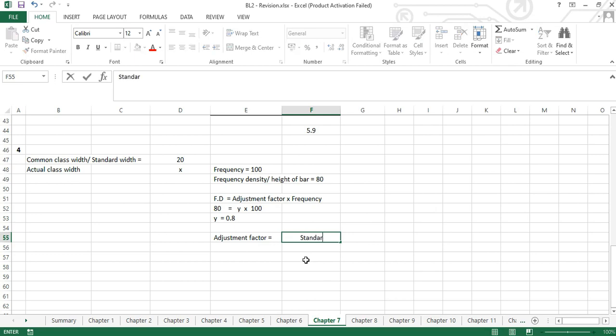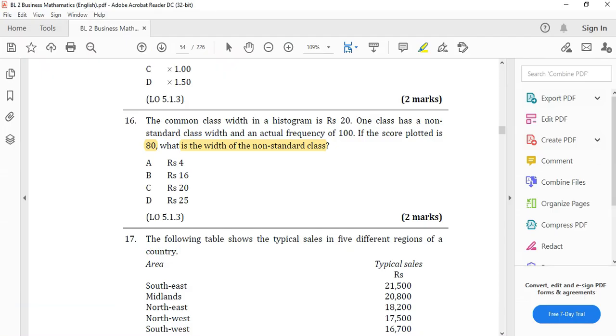It is standard class width divided by the current class width. The standard class is 20. The current class we don't know, but the division is equal to 0.8. Therefore, the actual current class is equal to 20 divided by 0.8, which is 25. So the answer for this is D, 25.